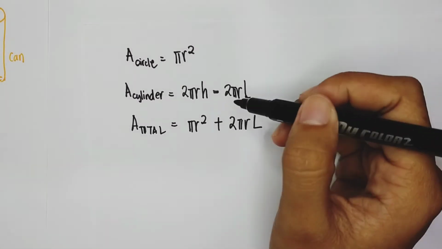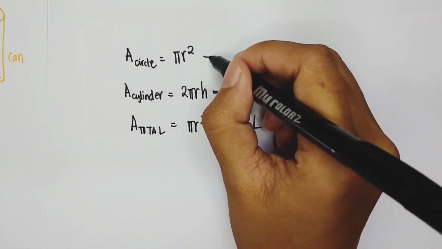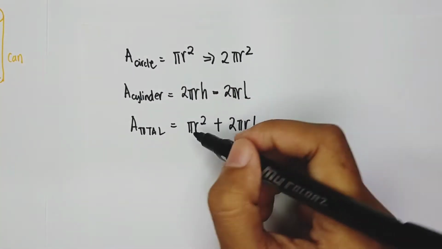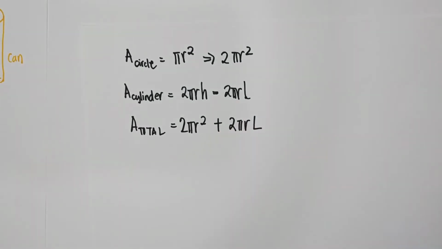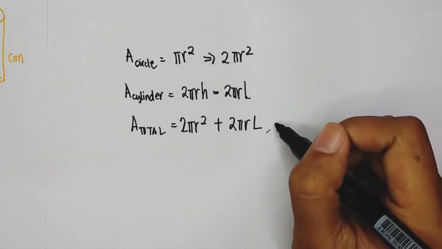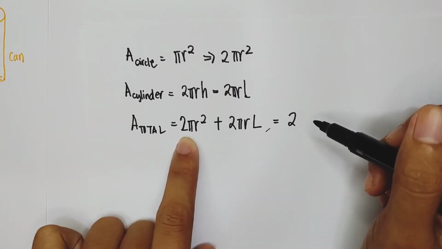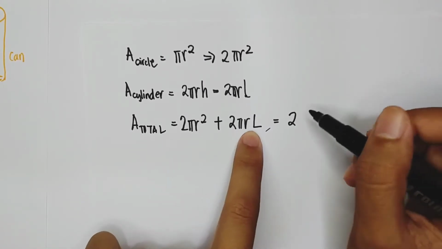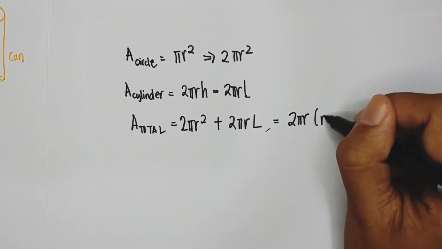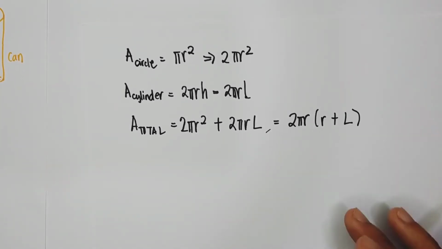However, since we have two lids, we need to multiply the circle area by 2, so this will be 2 pi r squared. Let's factor out the common 2 pi r, and what remains is r plus l. So this is our total area.